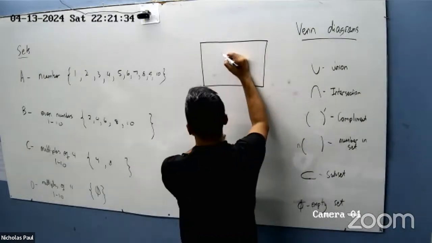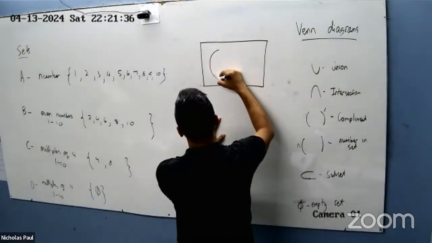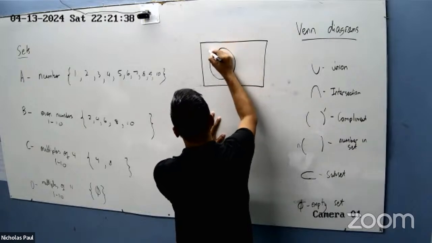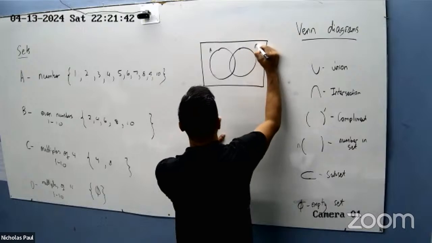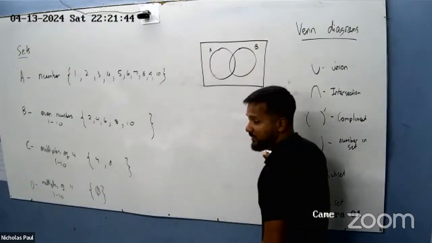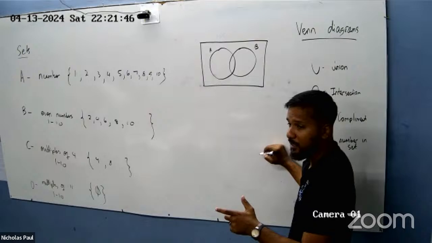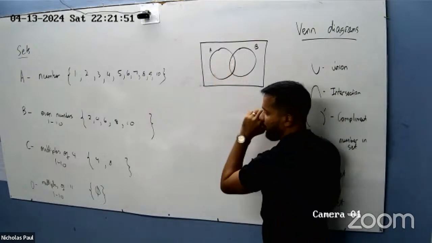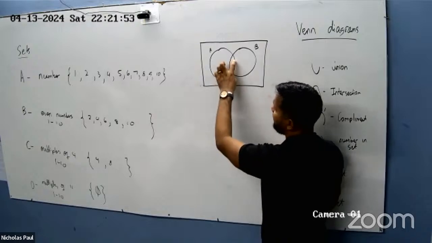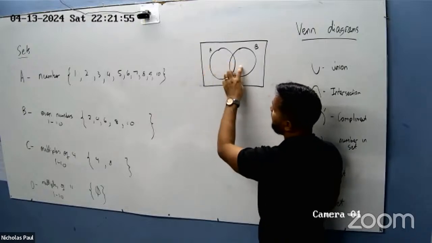The first thing we do is write A and write B, and check to see if they intersect. If they intersect, then you will have this here, which represents what A and B have in common.